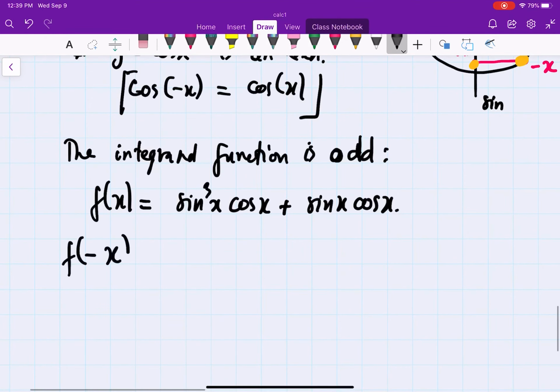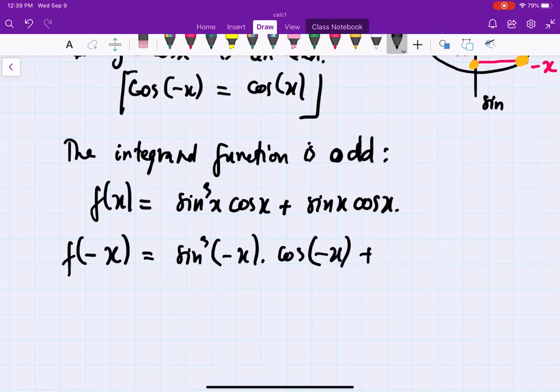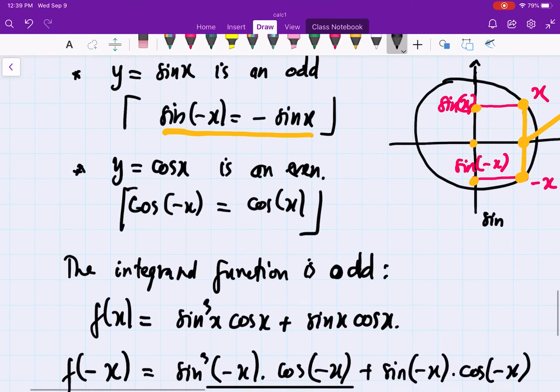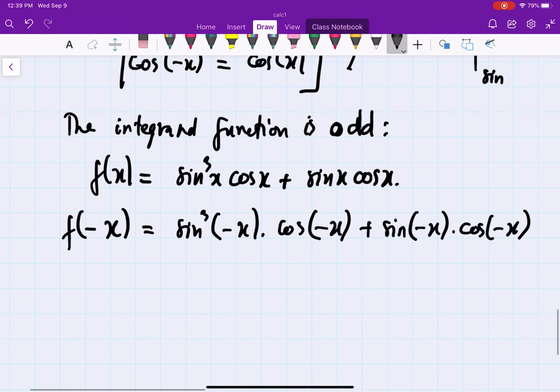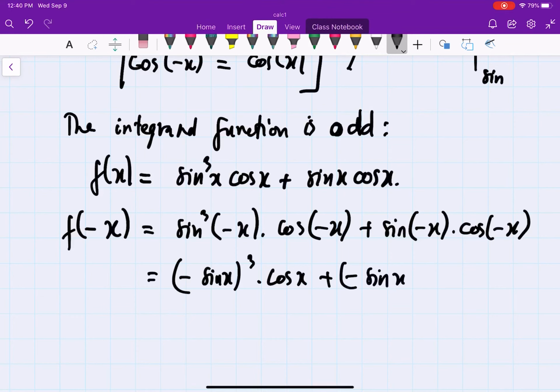We need to consider f of negative x. You get sine cubed of negative x in here, cosine of negative x. So you replace x with negative x everywhere, right? Cosine of negative x. And from this observation, we have negative sine x cubed times cosine x plus negative sine x times cosine x, right?